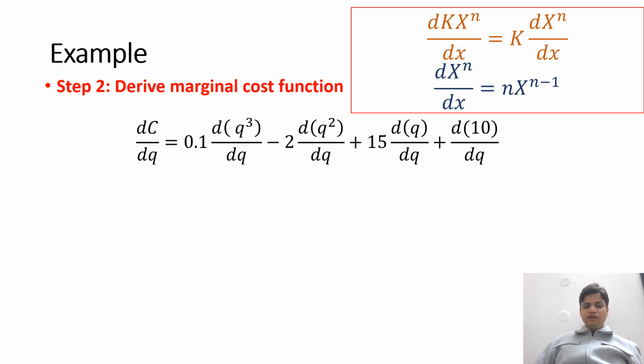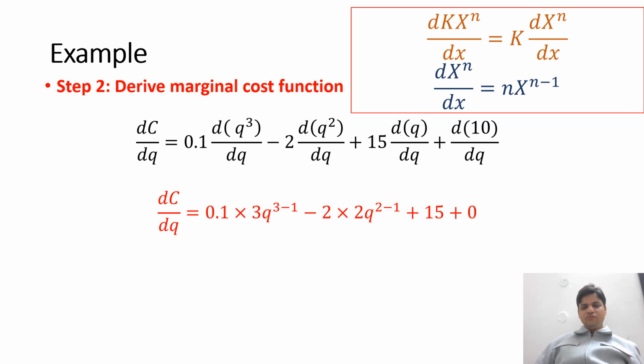So here we have done the same thing. By the first rule, we have taken out whatever numbers were associated with q or any power of q, and in the next step you see q to the power 3 differentiated by the rule n x to the power n minus 1.